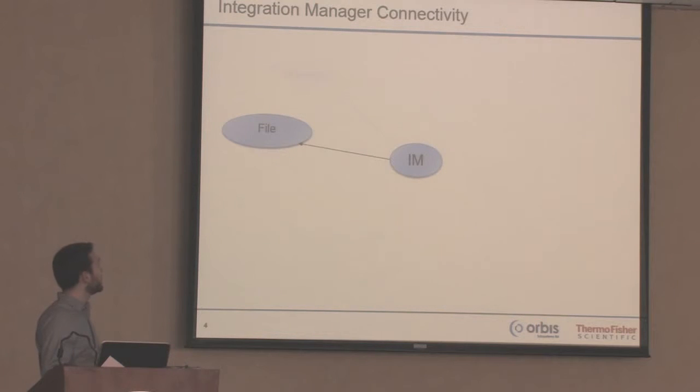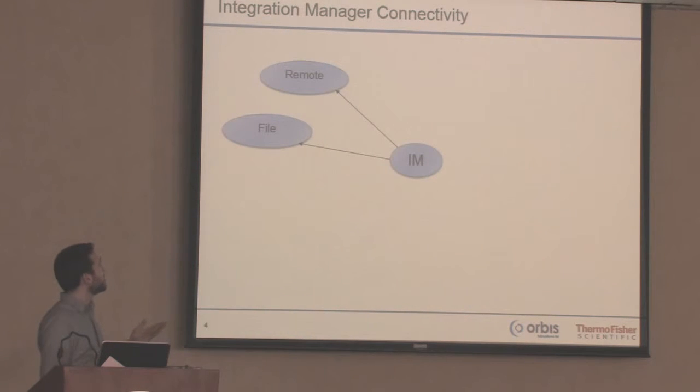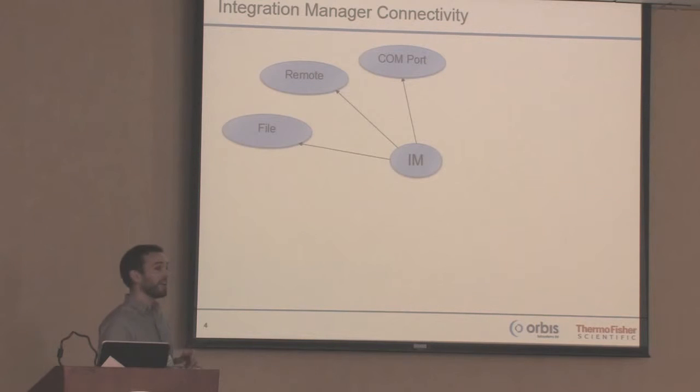A remote agent works in conjunction with your file agent in cases where you have an instrument in a remote network location. And a COM port agent, for a simple instrument where you have a single result passed back on an RS-232 serial connection.